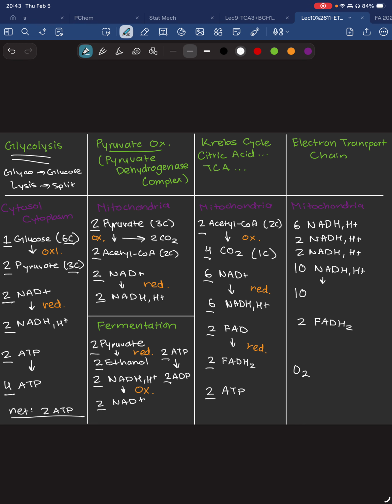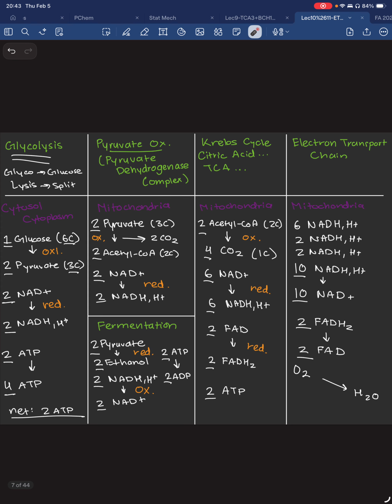Finally, we are able to turn all of these electron carriers into their oxidized form, right? 2 FAD, 10 NAD+. Oxygen will actually accept those electrons and become water in your cell, right? These numbers for oxygen don't really matter, but these numbers do matter, and let me show you something. 10 NAD+, 2 FAD, where are they going to go back?